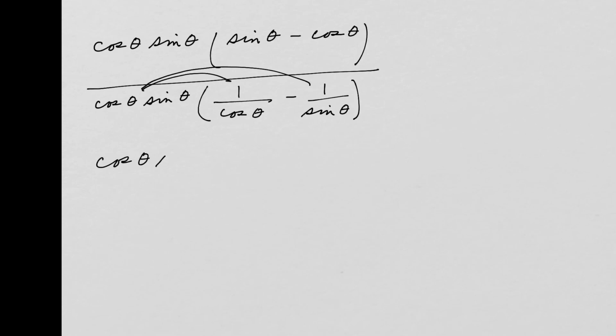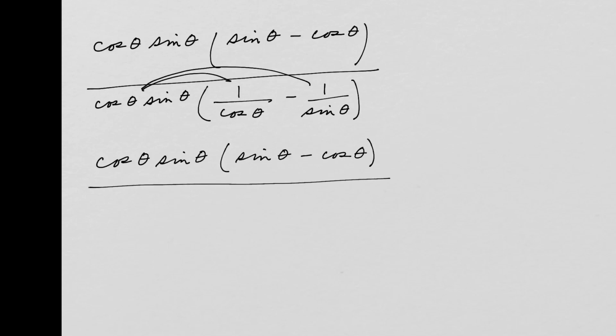So I have cosine of theta sine of theta times sine of theta minus cosine of theta over, I'm just leaving the numerator alone. Now if I distribute this in, cosine of theta times sine of theta times 1 over cosine, well, the cosines are going to cancel, right? I'm going to get sine of theta times 1, which is the sine of theta, minus, and then cosine of theta sine of theta times 1 over sine. The sines cancel, and I'm left with cosine of theta.